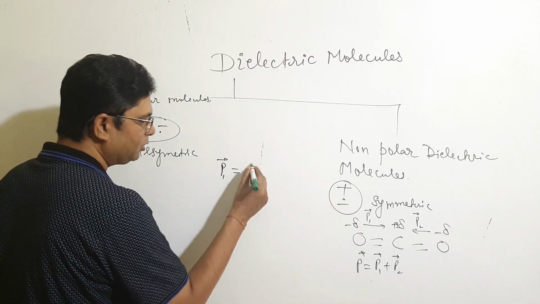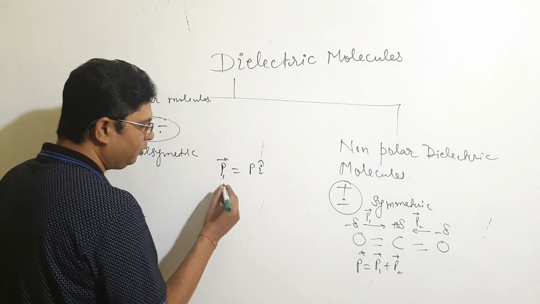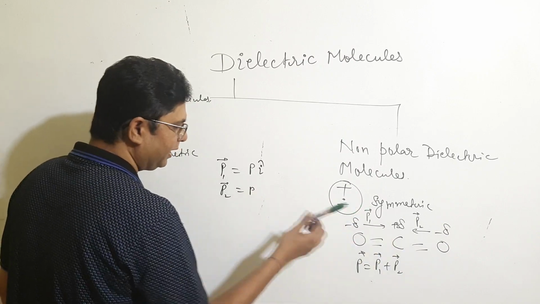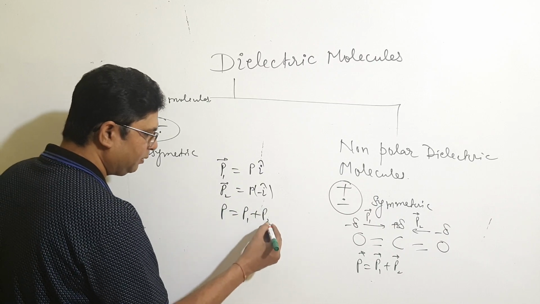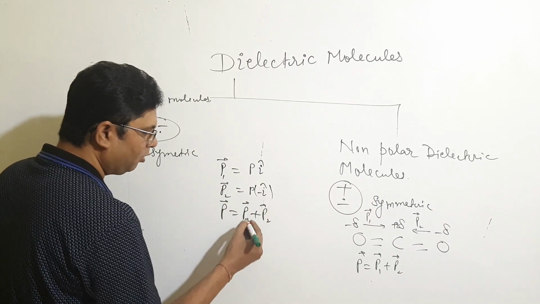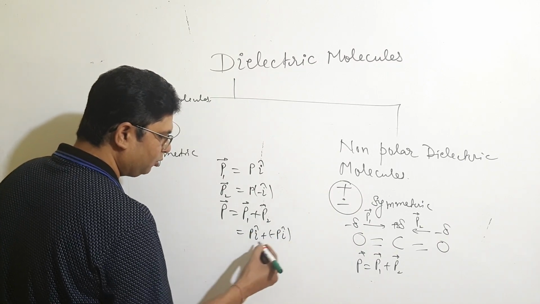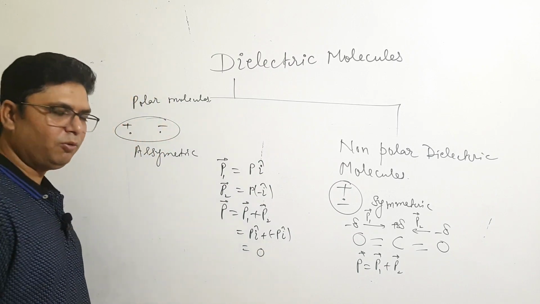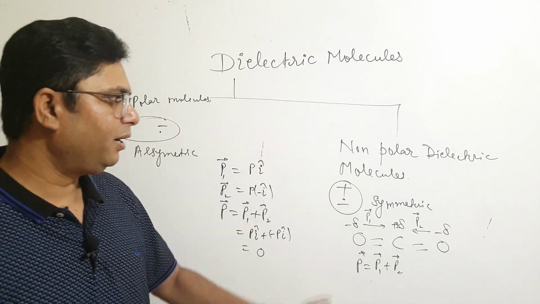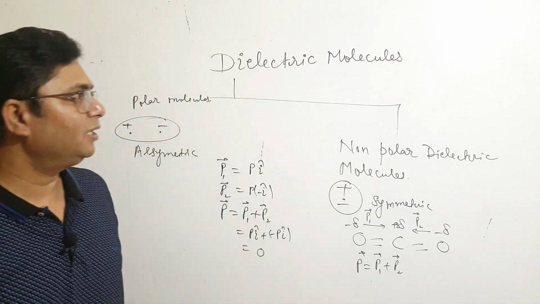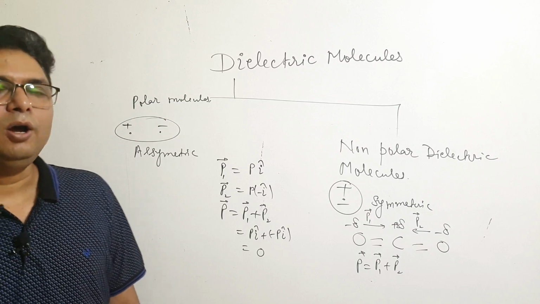P1 magnitude equals P, and this is towards the positive x-axis, so it is P i cap. P2 magnitude equals P, and this is towards the negative x-axis, so minus P i cap. So P equals P1 plus P2, put the value of P1 as P i cap and the value of P2 as minus P i cap. This sums up to be 0, and thus you have seen that the intrinsic dipole moment for non-polar dielectric molecules is 0. Thus you have learned what polar and non-polar dielectric molecules are under the heading dielectric molecules.